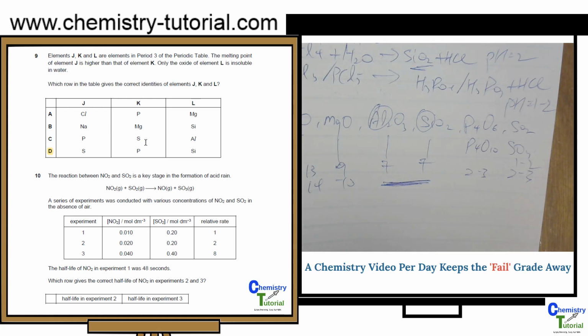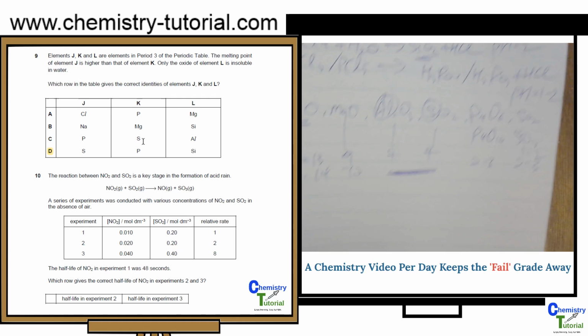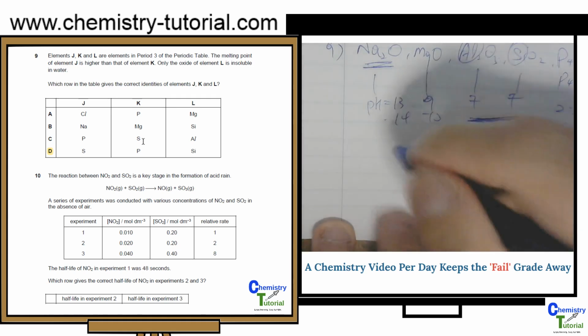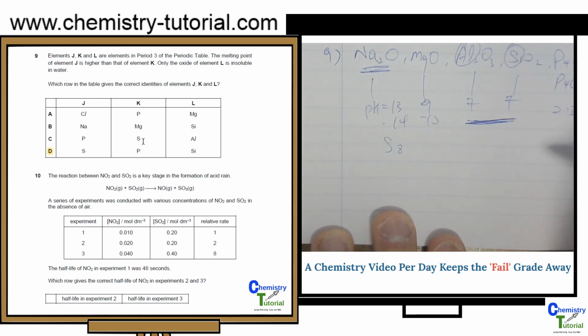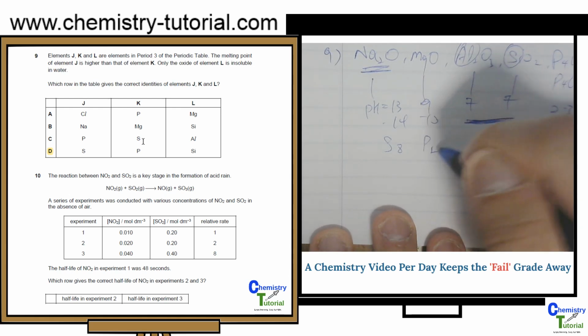The same applies for option C because sulfur, despite having a greater Ar, which is 32 versus 31 of phosphorus, typically exists as S8. Phosphorus typically exists as P4.